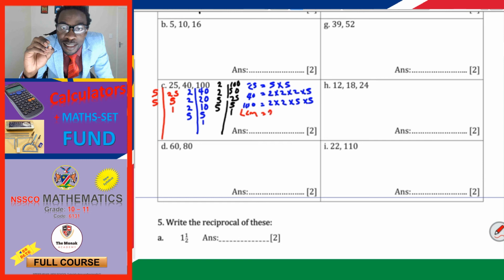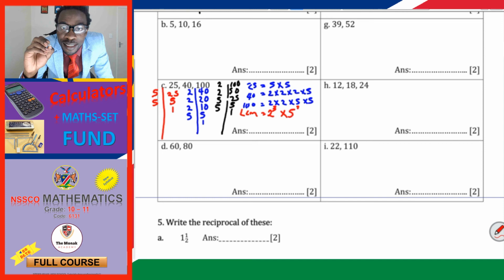So let's start with 2. 2 appears the most in 40. How many times? 3 times. Because in 40 we have 2 times 2 times 2, 3 times. So it's 2 to the power 3. And then the next prime number is 5. 5 appears in 25 2 times, in 40 only once, in 100 2 times. So we know the highest is 2 times.